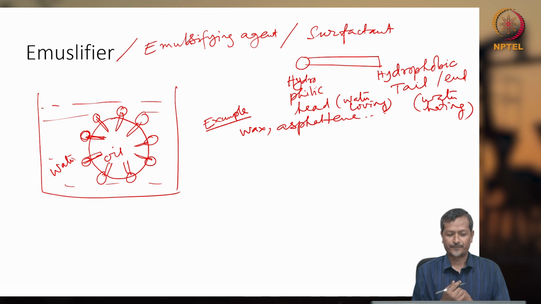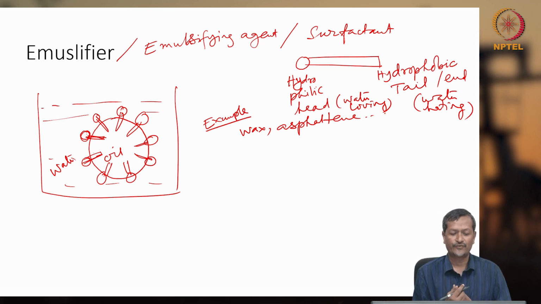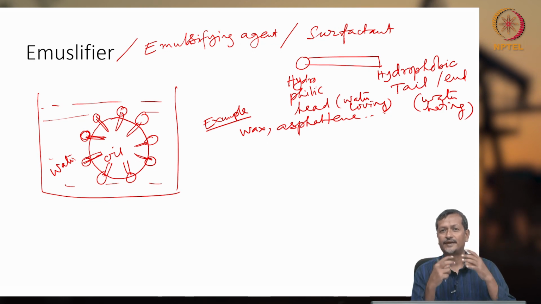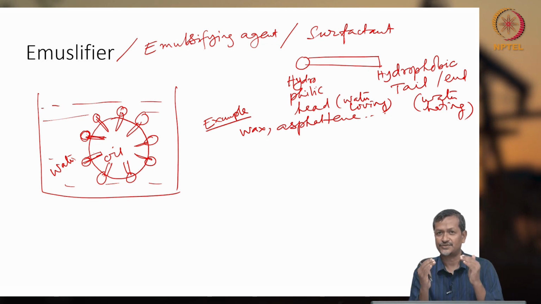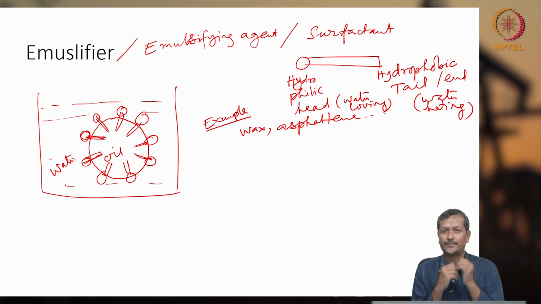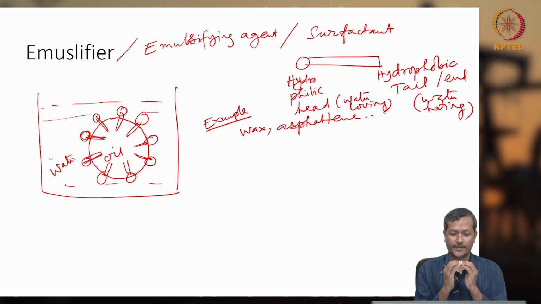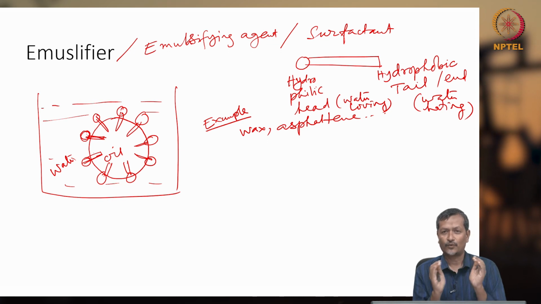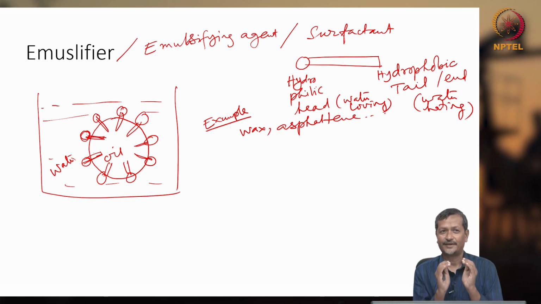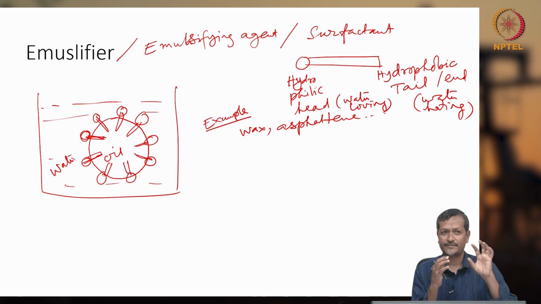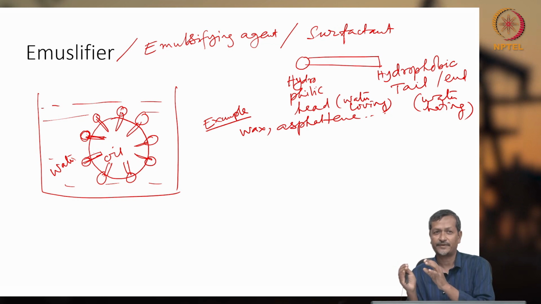Now what will happen? These hydrophilic and hydrophobic molecules will reduce the surface energy. If it is reducing surface energy, in that case the oil and water will be mixed, and will not separate quickly. But if we have a polarity difference, water has very high polarity, oil has very low polarity.